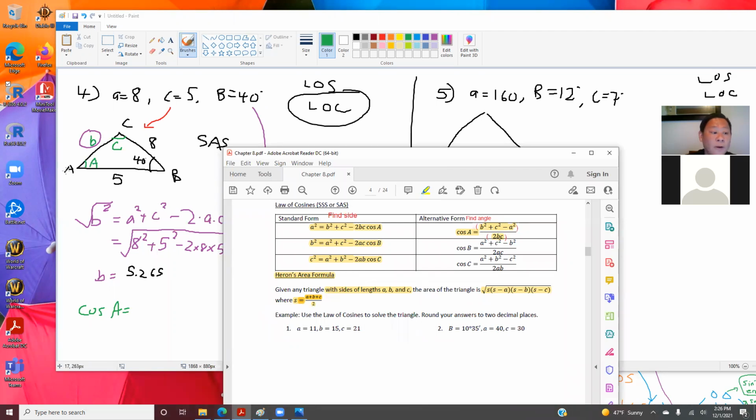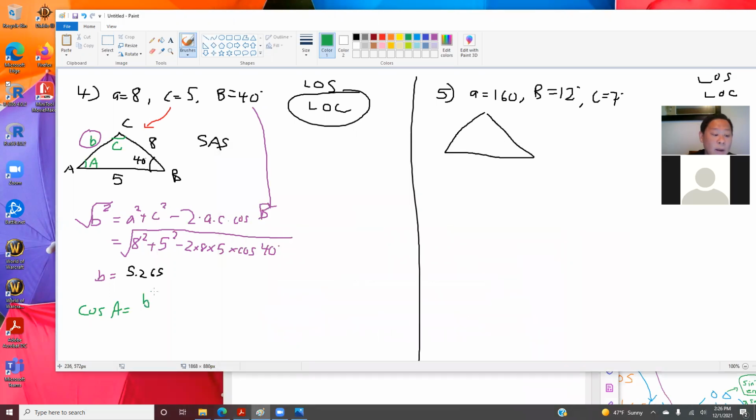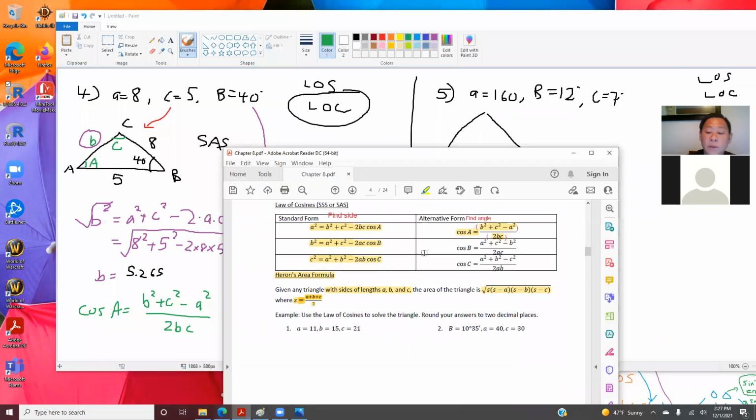So this is how you find your angle A. That's the formula we use.